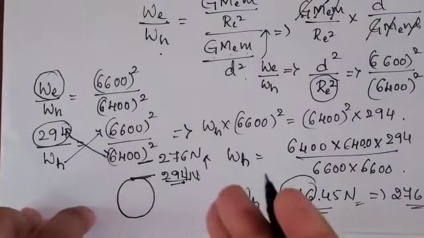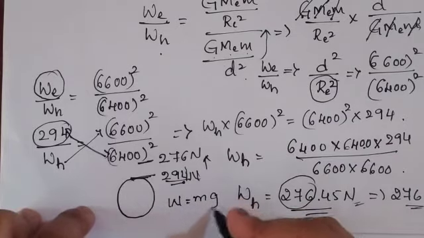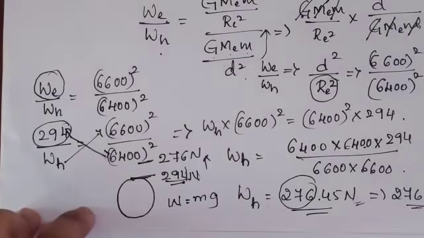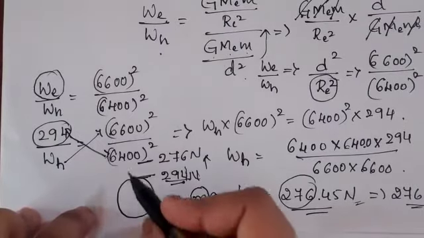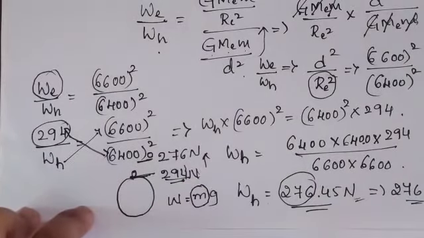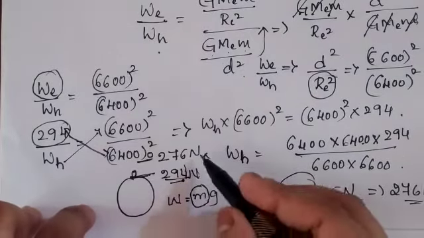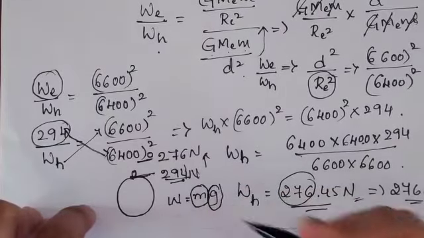Why has this weight been decreasing? You know the formula for the weight. Weight is equal to mass into acceleration due to gravity. Since you know this mass remains constant, for any object, the same object here, the mass of that object remains constant. But the value of weight goes on decreasing due to the g value.